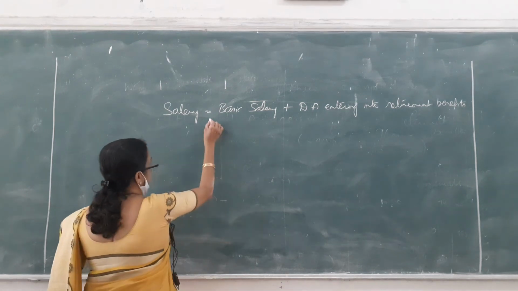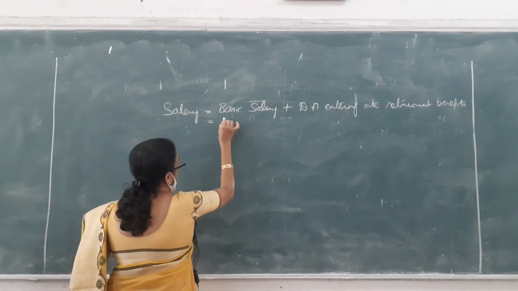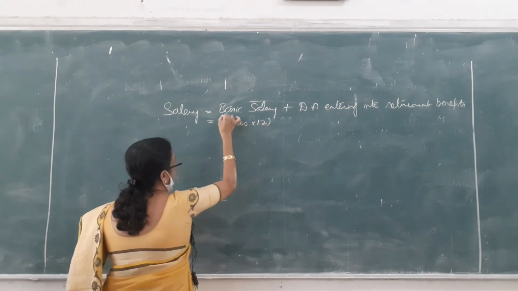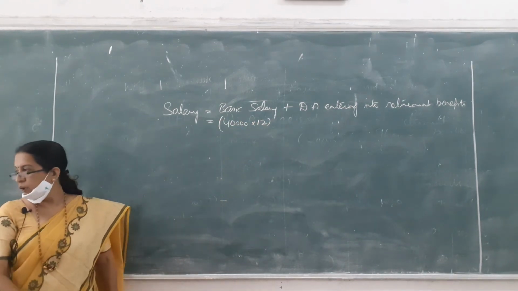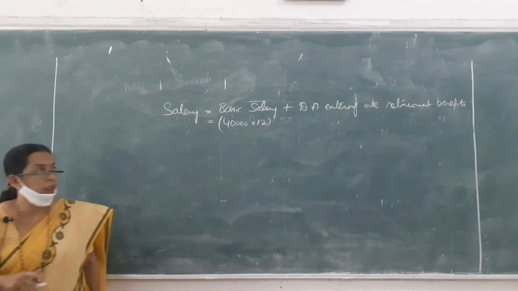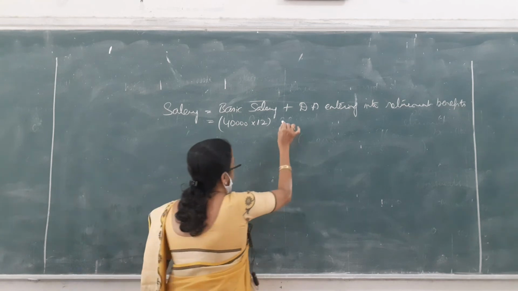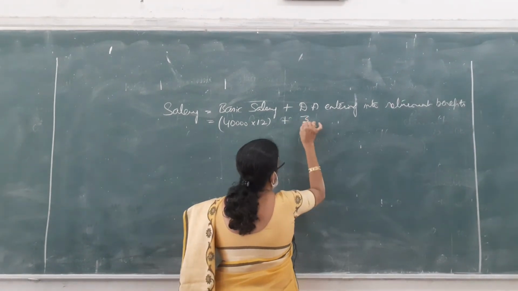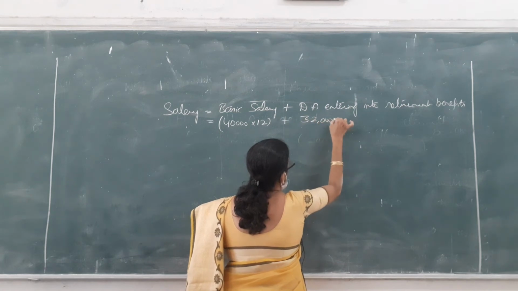What is the basic salary? 40,000 into 12, plus DA. What is the DA? 32,000 into 12.